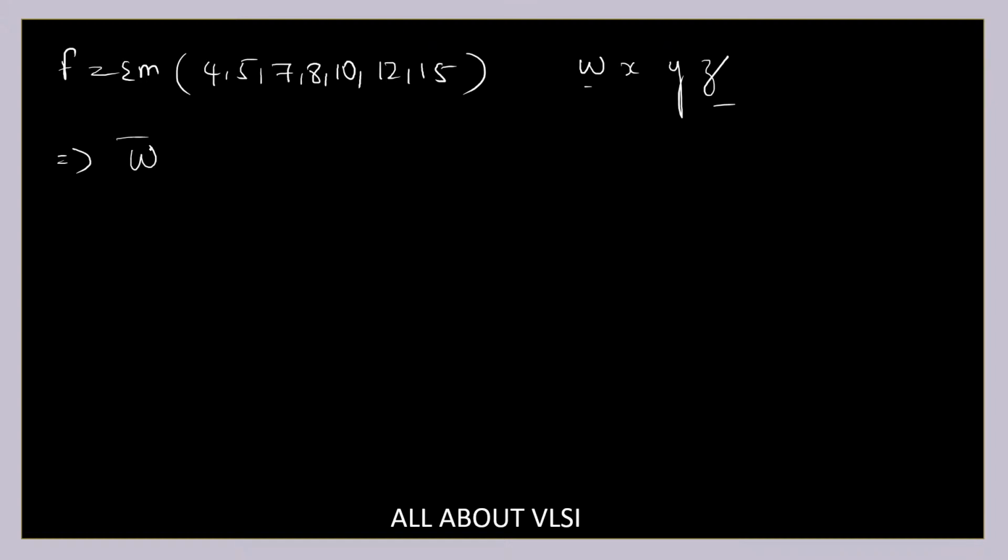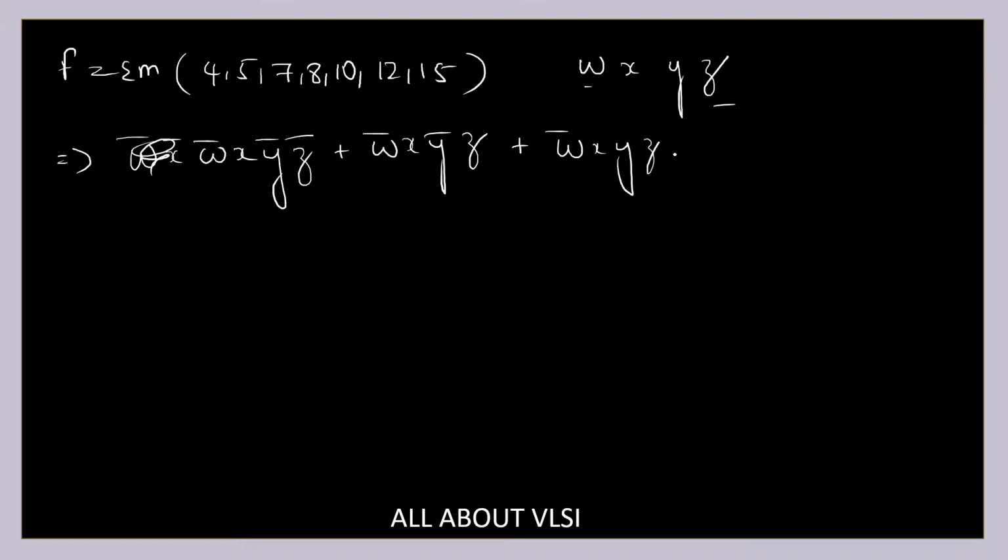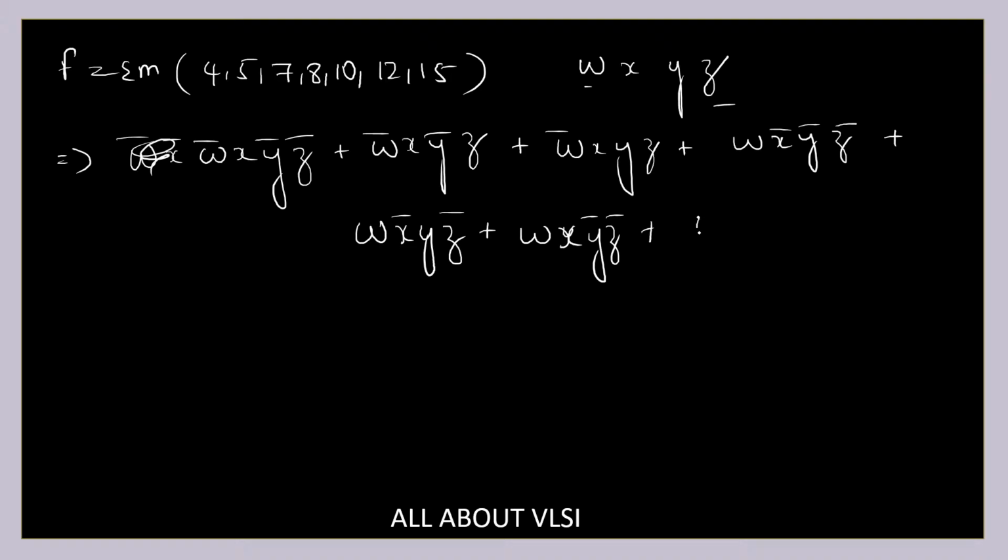So 4 is nothing but W bar X Y bar Z bar, plus W bar X Y bar Z, plus W bar X Y Z, plus 8 is nothing but W X bar Y bar Z bar, plus 10 is nothing but 8 plus 2, and 12 is 8 plus 4, and 15 is WXYZ. This is the equation I'm going to have.